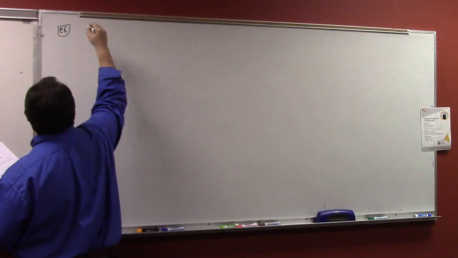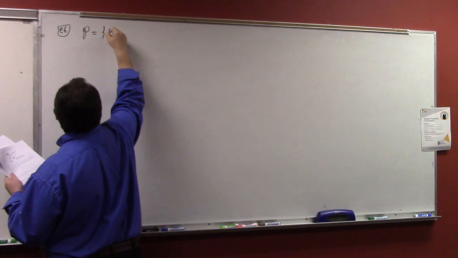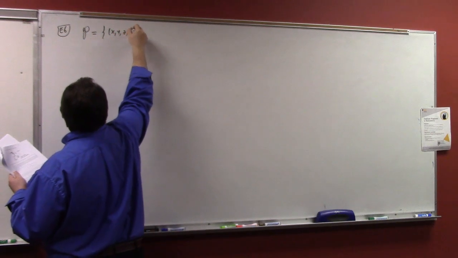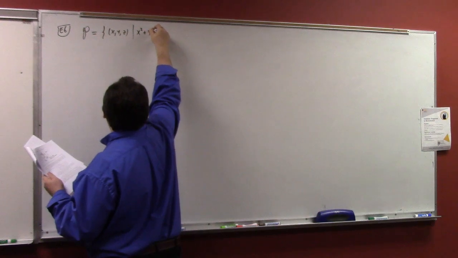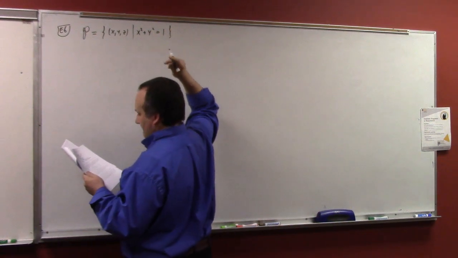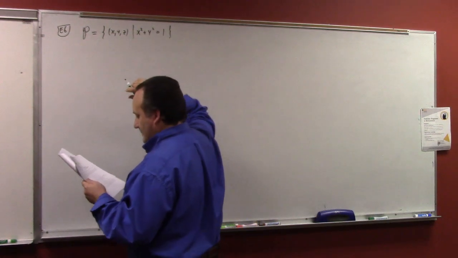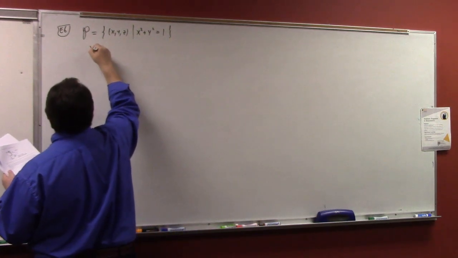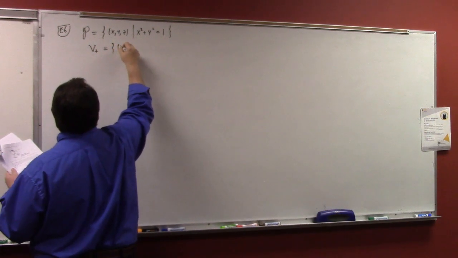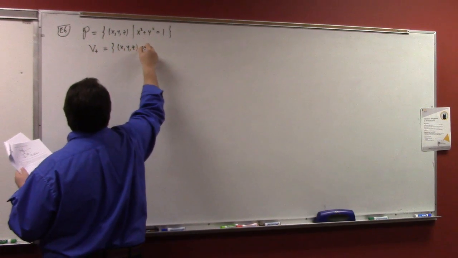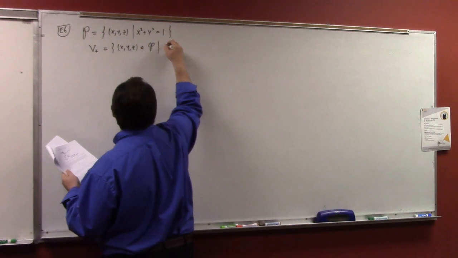So here I define P to be x, y, z such that x squared plus y squared equals 1. And I'm going to let v plus be x, y, z in P such that y is greater than 0.